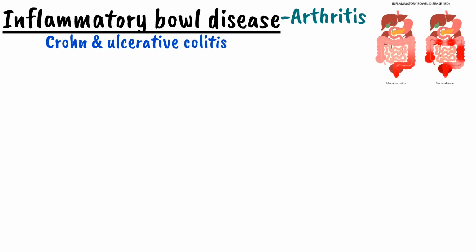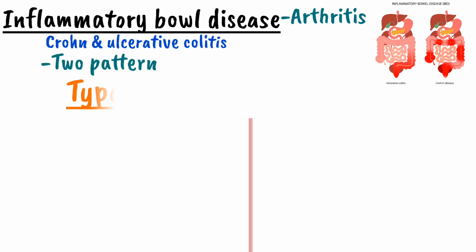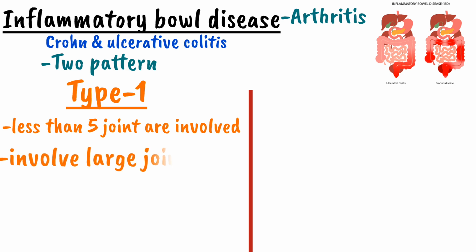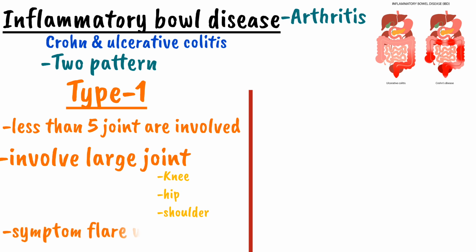After reactive arthritis, the next disease which we're going to study is inflammatory bowel disease associated arthritis. Inflammatory bowel disease involves two diseases, Crohn's disease and ulcerative colitis. They frequently involve joints causing arthritis. There are two patterns. In the type 1 pattern, fewer than 5 joints are involved, and this type predominantly involves large joints such as knee, hip, and shoulder, and the symptoms often flare with GI symptoms.